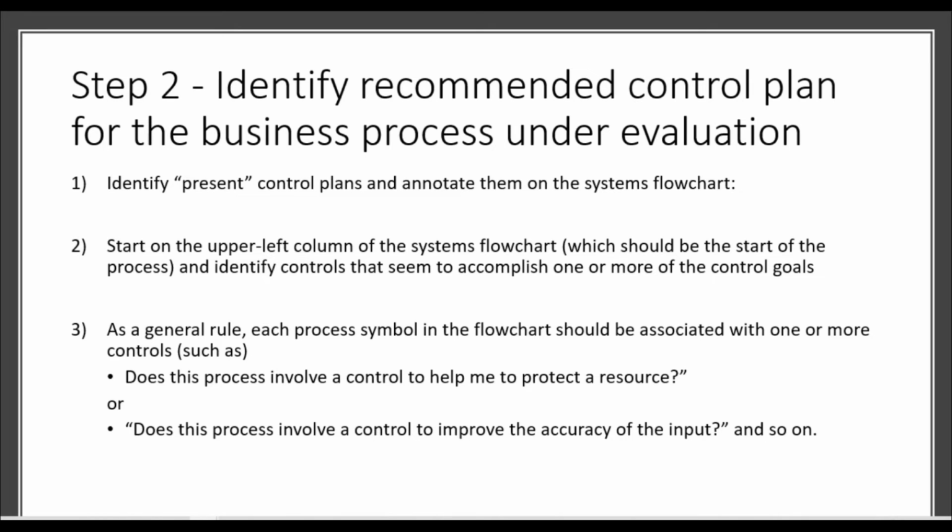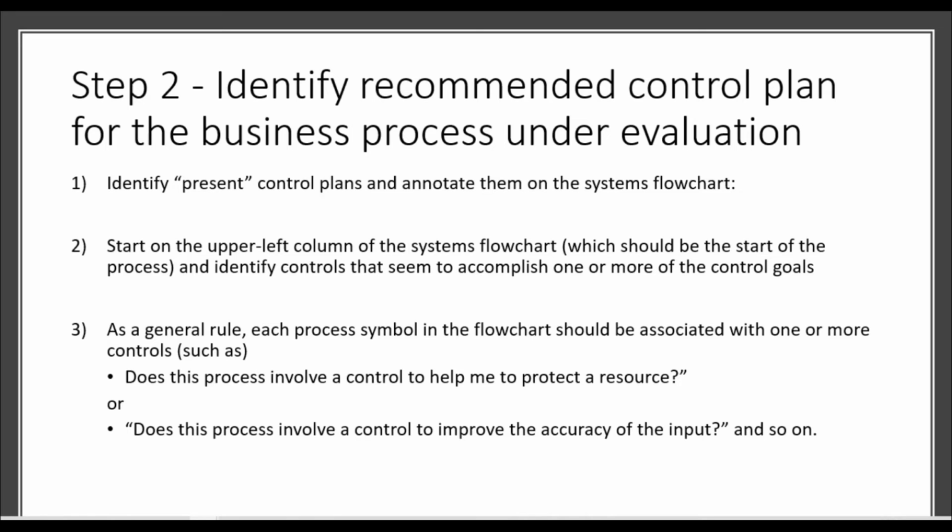Start with the upper left column on the system's flowchart and identify controls that seem to accomplish one or more control goals. Each process symbol in the flowchart should be associated with one or more controls. And we need to ask the question: does this process involve a control to help the enterprise protect a resource?